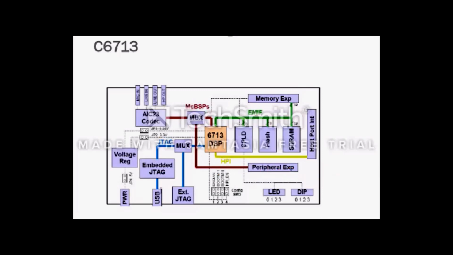So we can use real-time debugging in the application. There is a memory expansion slot. We can connect external memory and we can expand the memory also. And daughter card expansion also is there. It's nothing but we can connect another interface and we can use it along with the DSK6713 board.